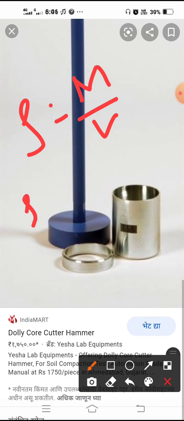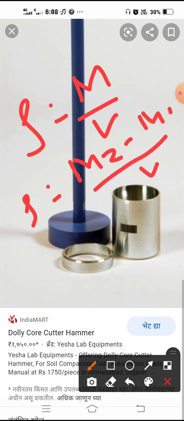It can be found out by using the formula m2 minus m1 upon volume. Why I am using this formula, m2 minus m1, we will discuss later. Where m2 is the mass of core cutter plus soil sample, and m1 is the mass of the empty core cutter.